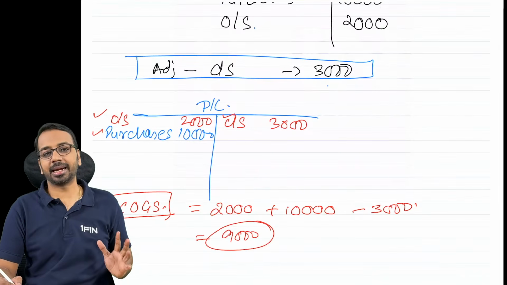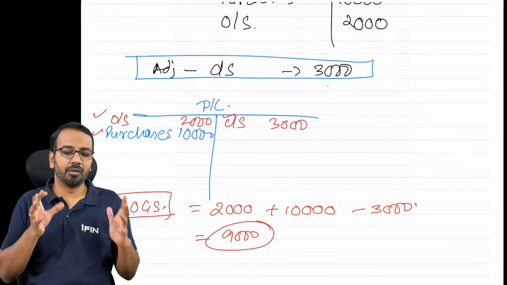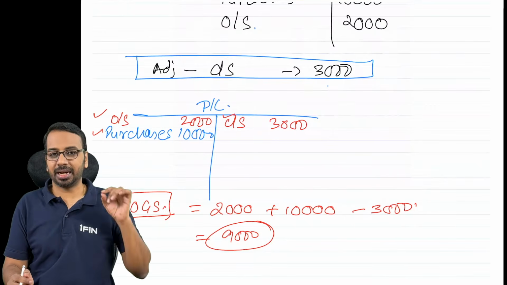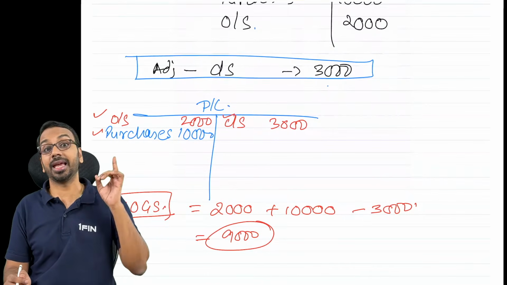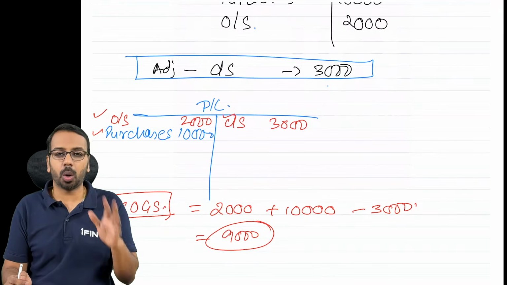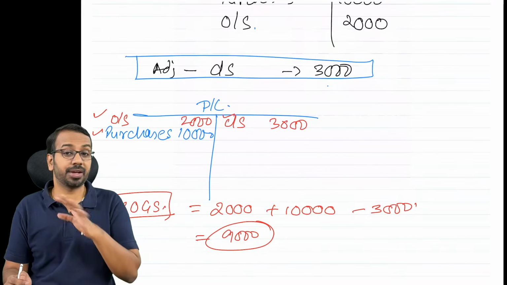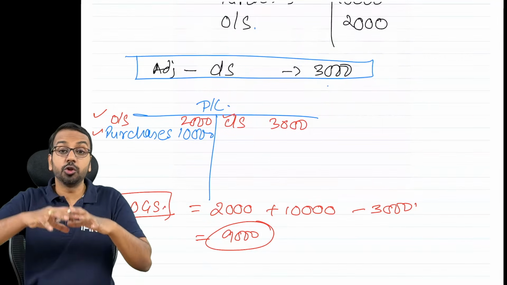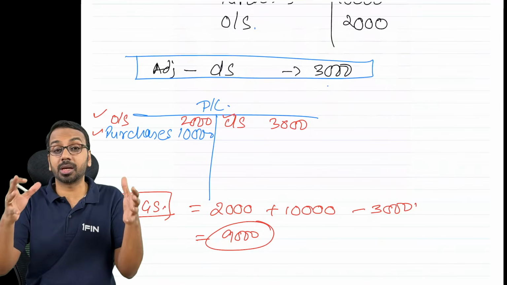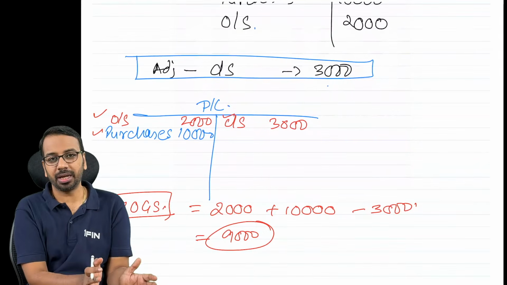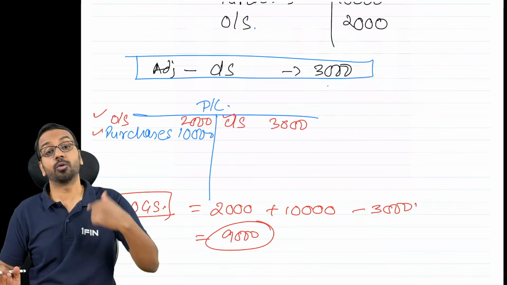One thing I can guarantee you in my class is that wherever there is an impact of anything we discuss in advanced accounting on any other subject, may it be law, taxation, audit, costing, or financial management, I will try to give maximum inputs possible, because you have to read it as a wholesome CA Intermediate. It is not that I will study advanced accounting and forget it later when I go to audit.